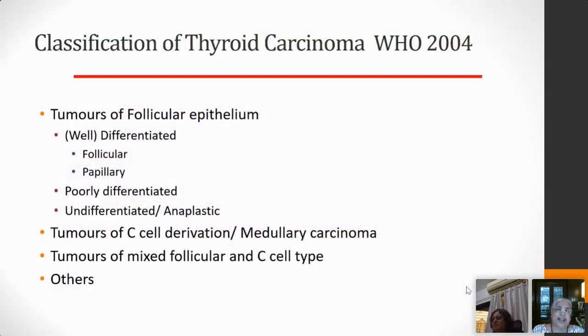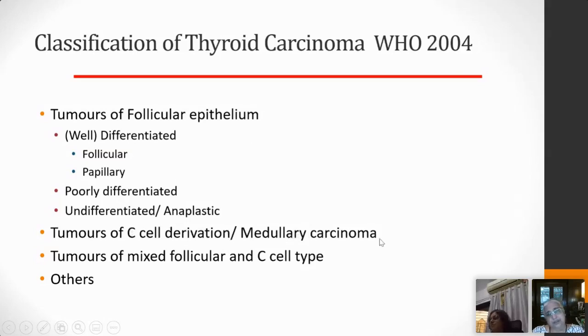Well, let me start with the classification of thyroid carcinoma, and I put up a very encapsulated version of this, WHO 2004. Now, if you look at WHO 2004, you have tumors of follicular epithelium, which are well differentiated, those that are poorly differentiated, and then of course you have the undifferentiated and anaplastic tumors. And these tumors of follicular epithelium have to be distinguished from those of C-cell derivation.